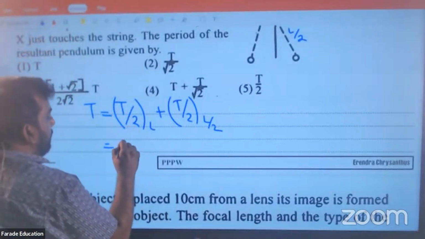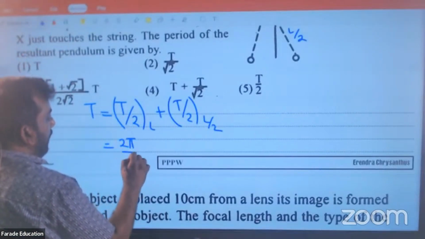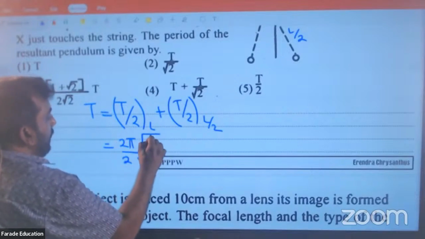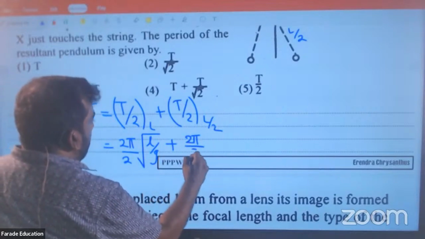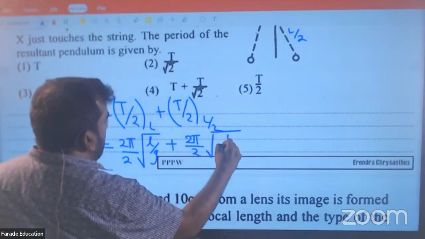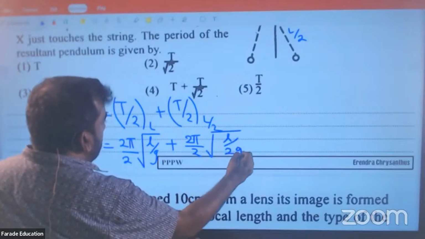Now simplify. Half a periodic time is 2 pi divided by 2 times root of L over G. For length L over 2, it's 2 pi divided by 2 times root of L divided by 2G.